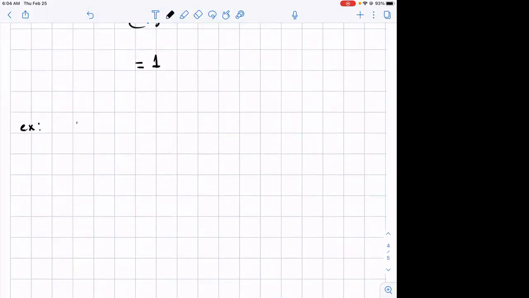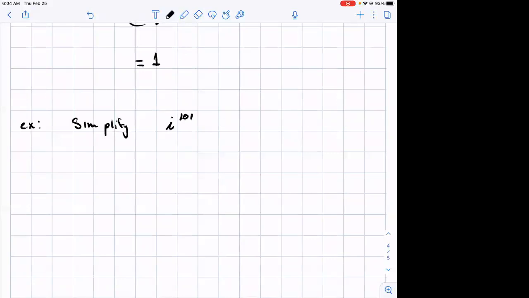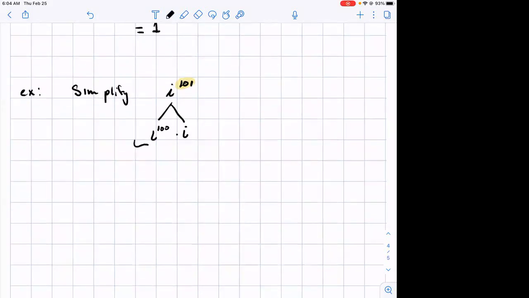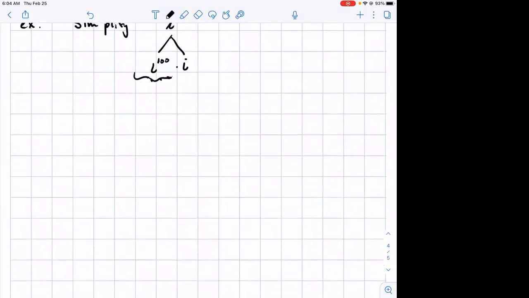Example, simplify. Let's say i to the 101 power. Well, 101 is not even. It's not divisible by 2. So I will rewrite this as i to the 100 times i, which is the same as i to the 101. And then this here we can rewrite.